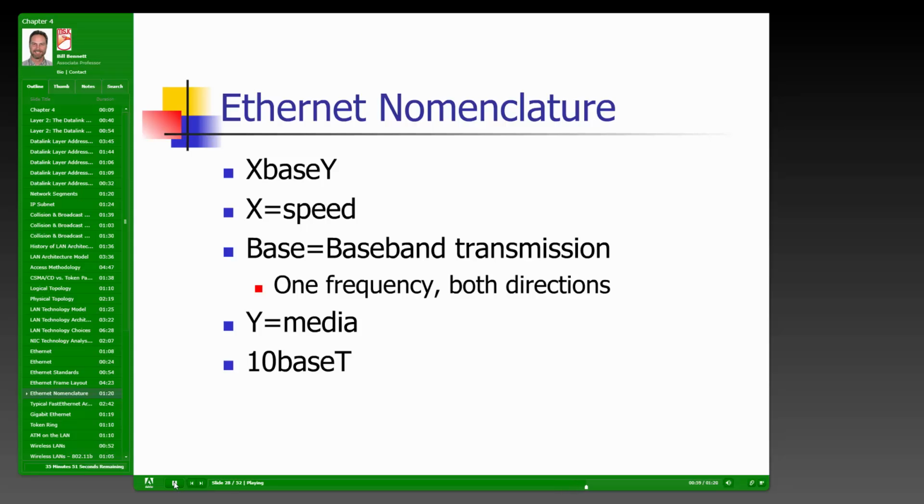So that's the transmission type. We follow the speed by the transmission type, and then the third part of the Ethernet nomenclature is the media type. So if I were to say 10 base T, that would mean 10 megabits per second using baseband transmission over twisted pair cabling, the media type.